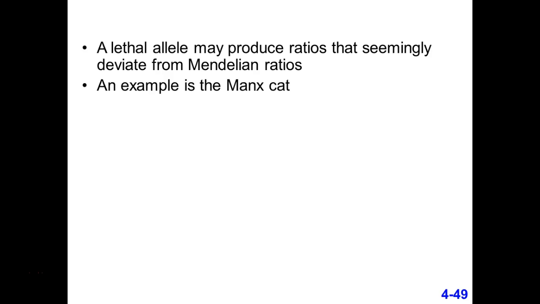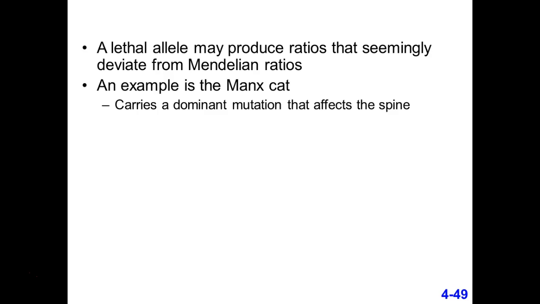So an example of a lethal is the Manx cat. And so this is actually a dominant mutation that affects the spine. So this shortens the tail. This is why the Manx cat has the short tail, right? Because it affects the spine, and the tail is an extension of the spine.